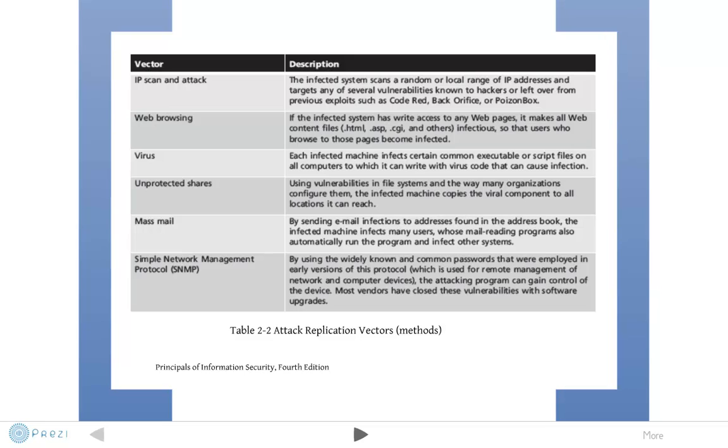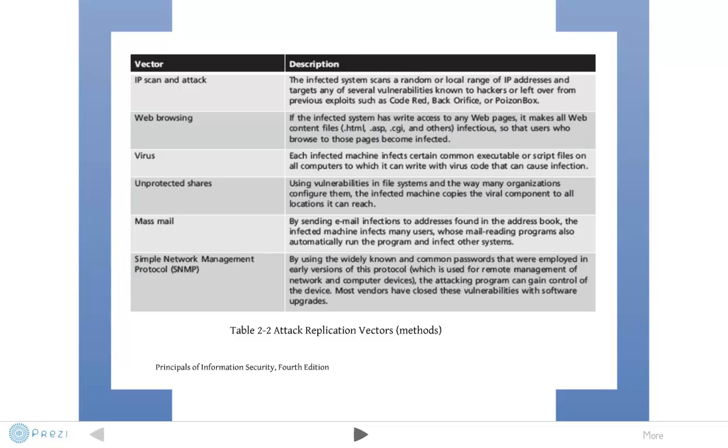XSS, cross-site scripting. Yep, and for some reason they spell it XSS and not CSS. I think a CSS attack would sort of be a cascading style sheet attack. Oh, yeah. So it's cross-site scripting.